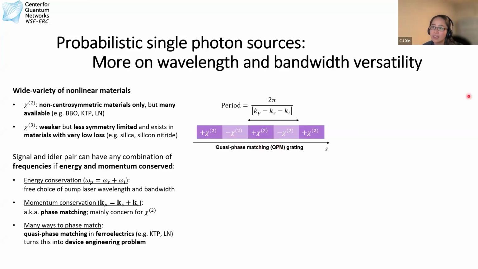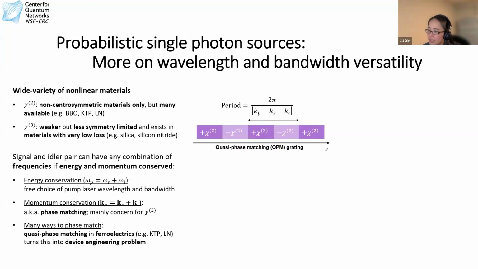And you say, okay, let that period be equal to 2 pi over the phase mismatch. So basically, what this does is that it introduces a grating. When you think about grating structures, it always introduces an additional momentum kick. And what you're doing is that you're using the geometry to add the momentum kick that you need to fulfill the phase matching conditions.